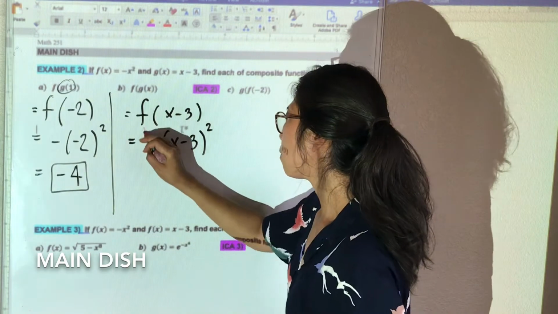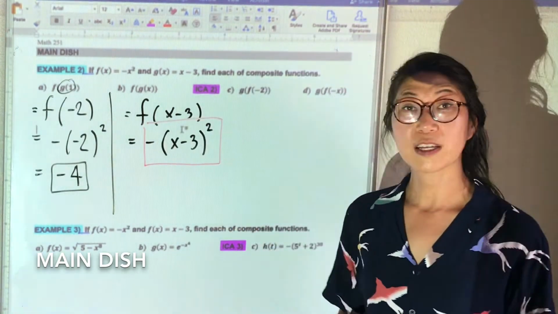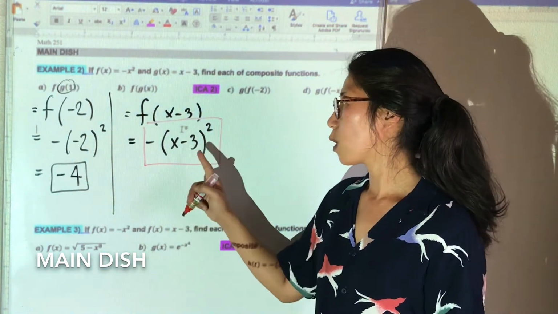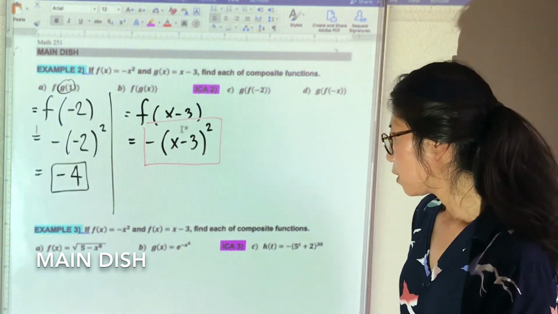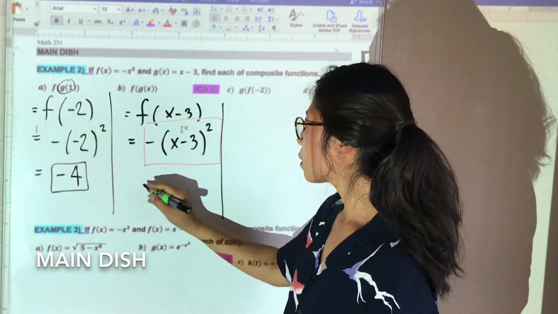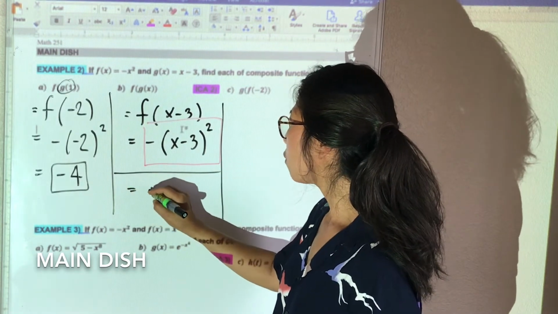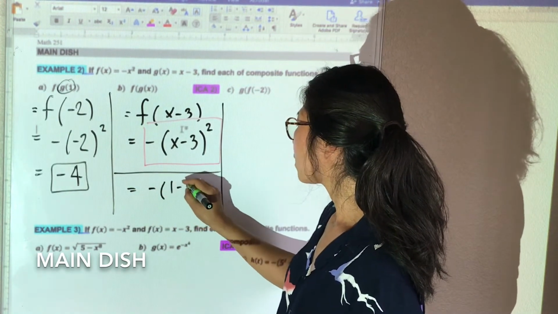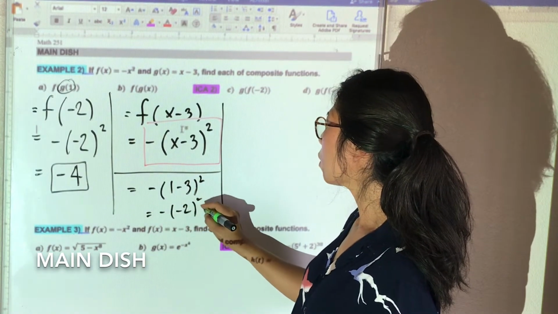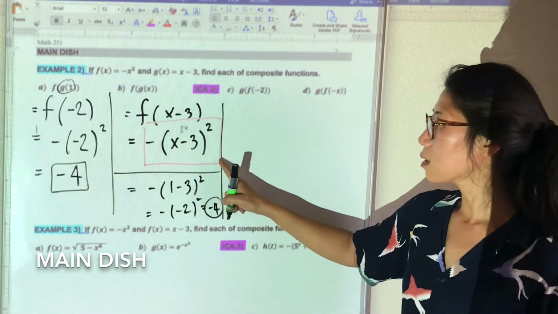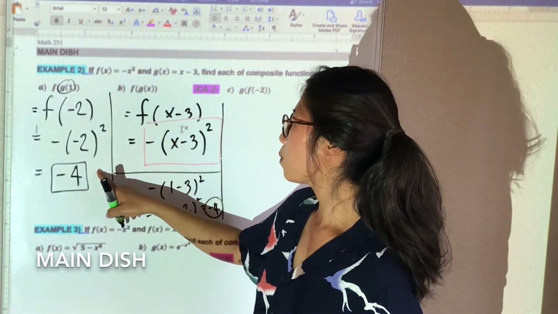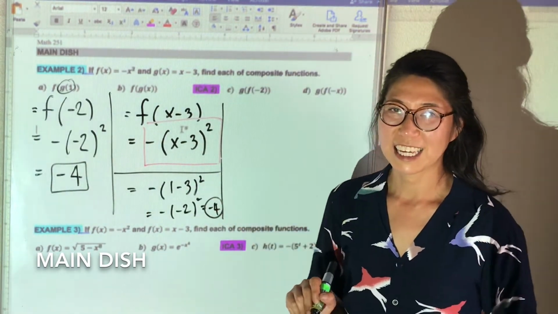So I'm going to leave mine this way. I know you want to expand it, but if you expand it, there will be so many x's, so I want to keep it in this nice form. If you actually formulate this one, then by plugging in 1, you can get the answer of negative 4 again: negative (1 minus 3) squared, which is negative 2 squared, gives you negative 4. In this case, you programmed it into one function so that any input you plug in will automatically give you the answer.